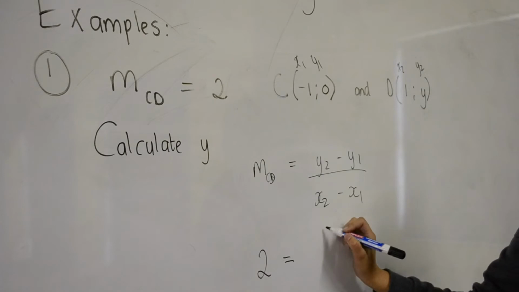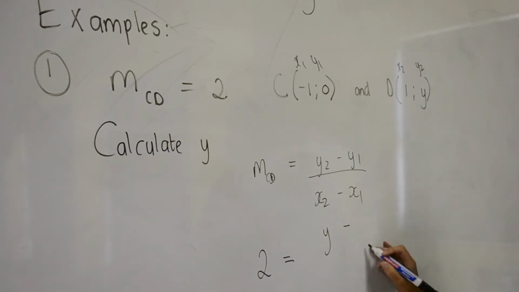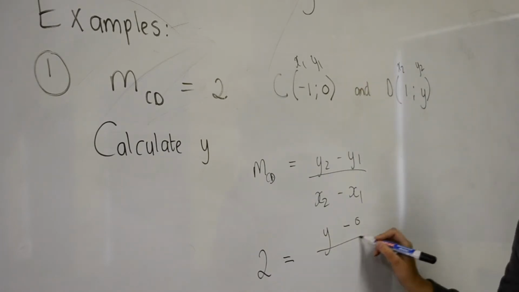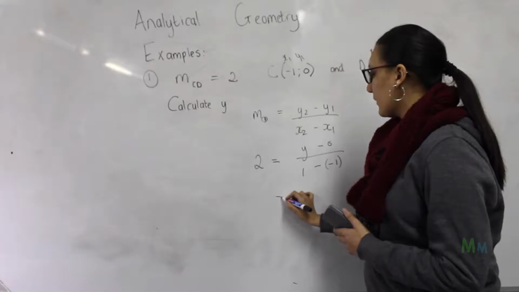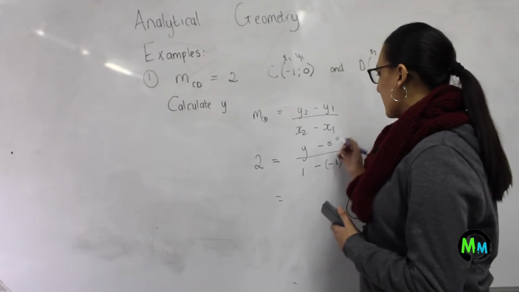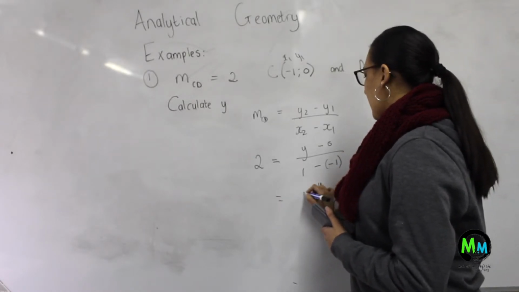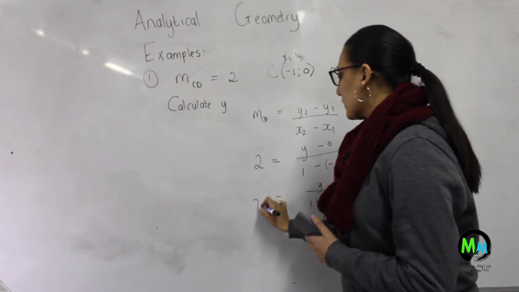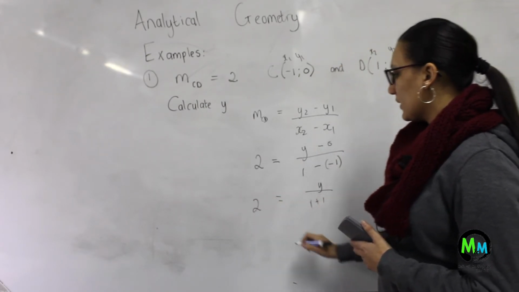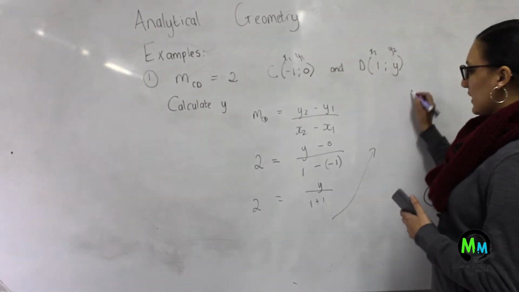So for y2 I'll substitute y, minus my y1, which is 0, over x2, which is 1, minus my x1, which is negative 1. So y minus 0, that's just y, over 1 plus 1, is equal to 2 on that side.